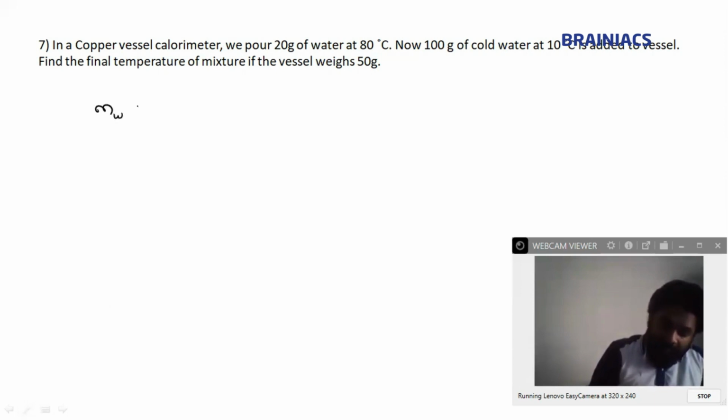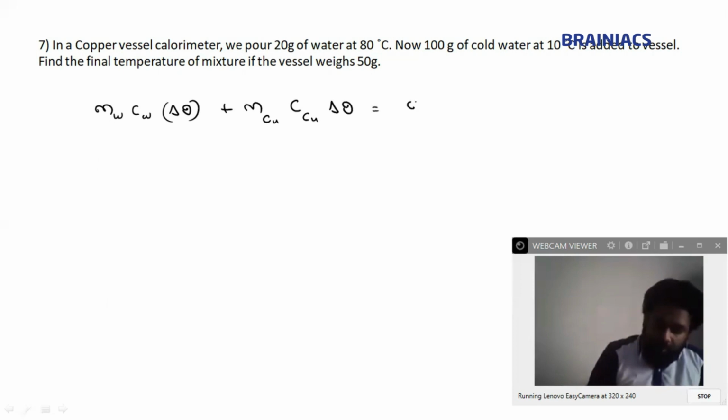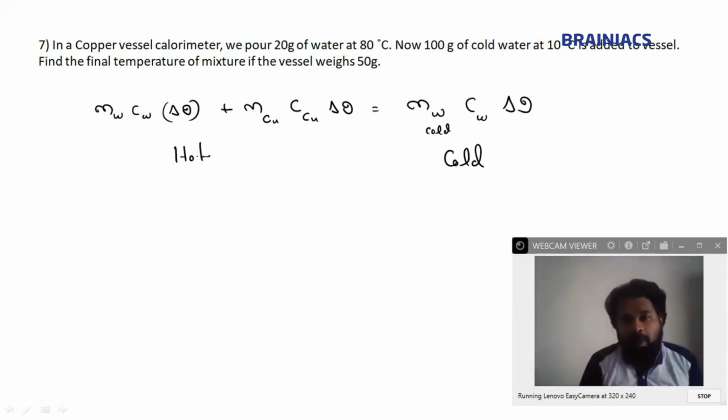Mass of water, specific heat capacity of water into change in temperature, plus mass of vessel, specific heat capacity of vessel into delta theta, is equal to mass of water, that is the cold water here, into specific heat capacity of water into delta theta. So this side it is cold, this side it is hot. And a copper vessel calorimeter means that is a vessel. We can understand it as a vessel.